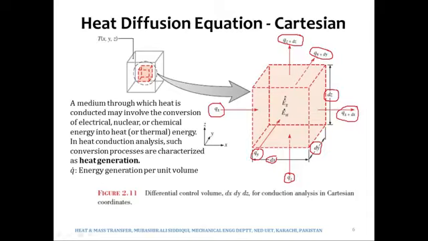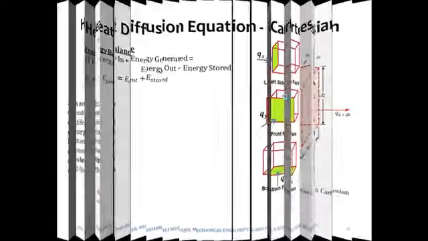So we have energy in, energy out, energy stored, and energy generated. So we have 4 components of energy over here. All 4 may exist in a particular system, or a lesser number, or only a few may exist in any system.